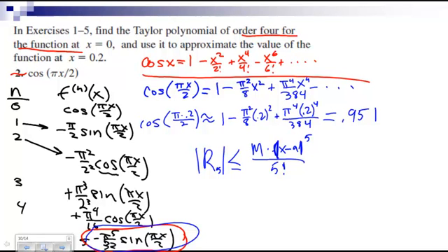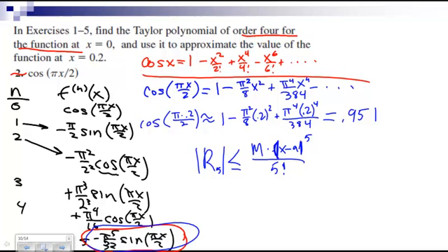So in order to find an estimate for cosine, we've got to find the value of sine. We have to have enough computing power to find out what the sine is, so we can estimate the value of cosine. Do you see the problem? You're estimating to estimate.